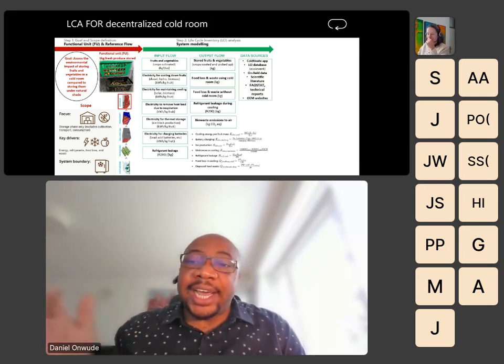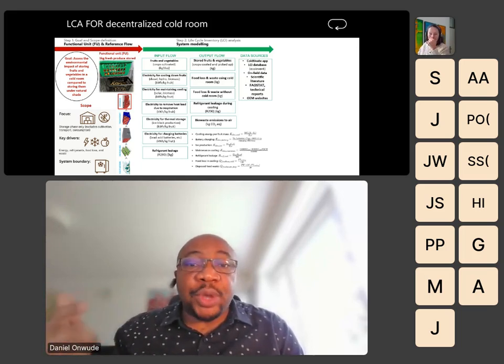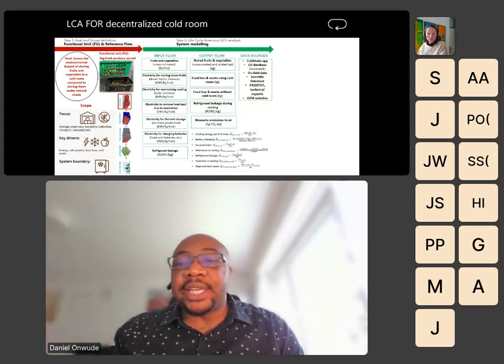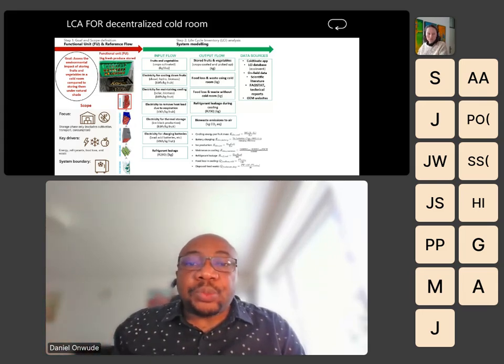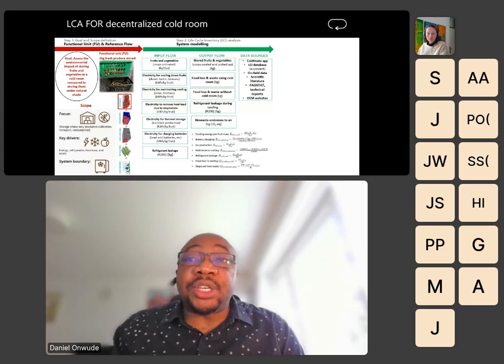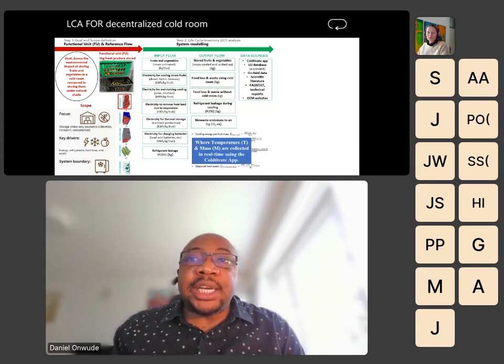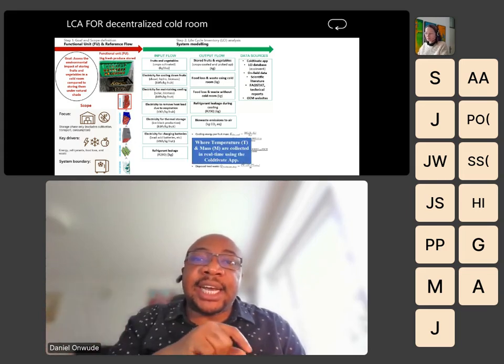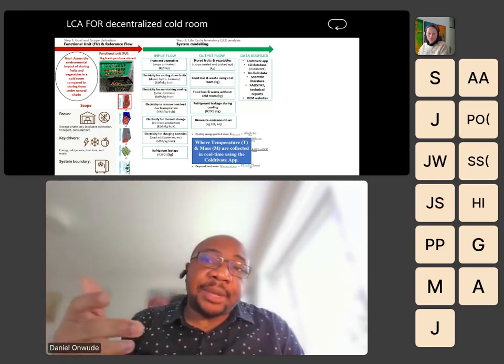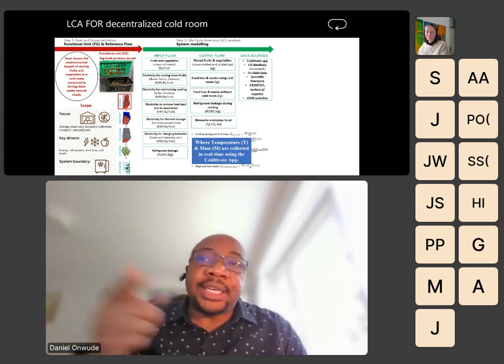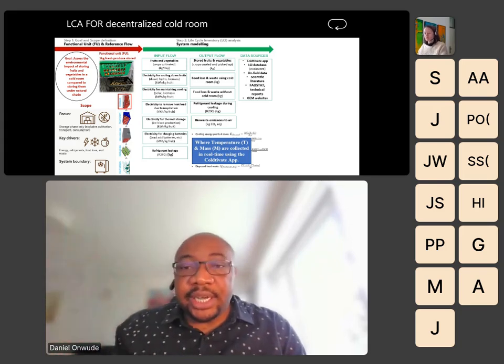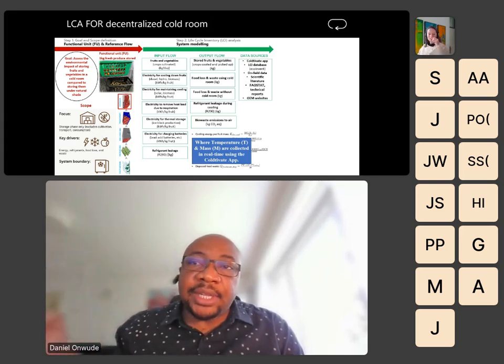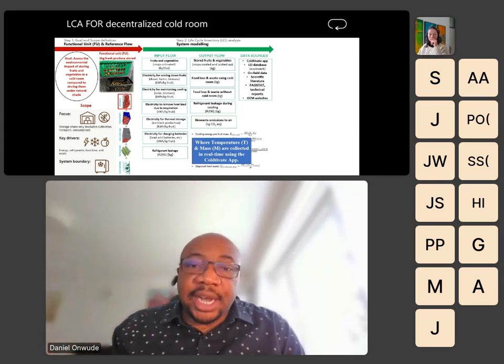And then the outputs like refrigerant leakage or food waste are also used to calculate emissions, right? I also wanted to mention that we link the temperature that is being collected in real time from the app with this equation. So we're going to see in the subsequent slide how this temperature reading is collected.